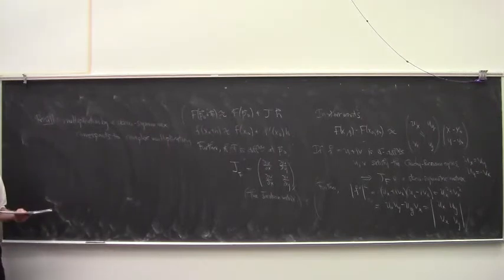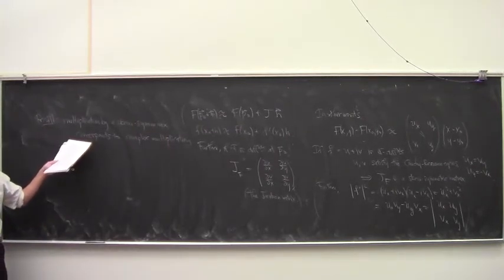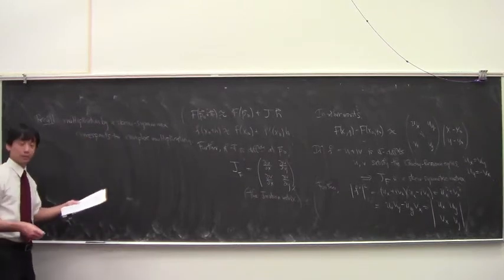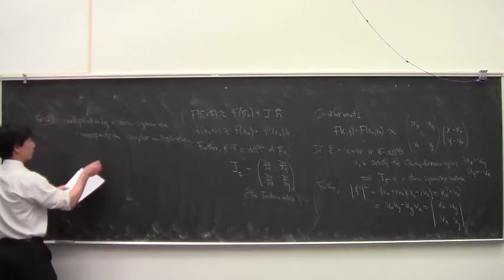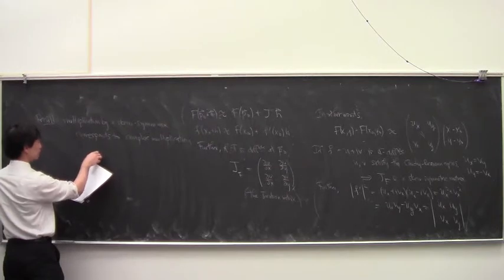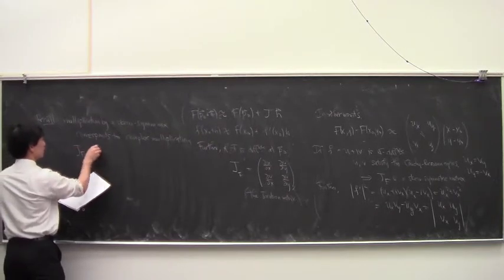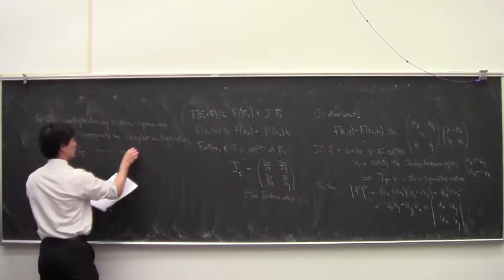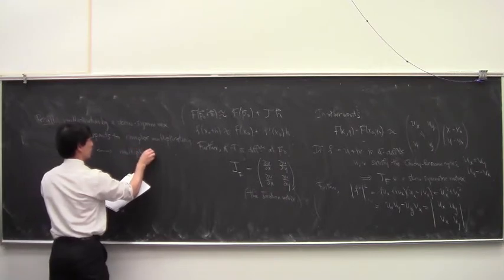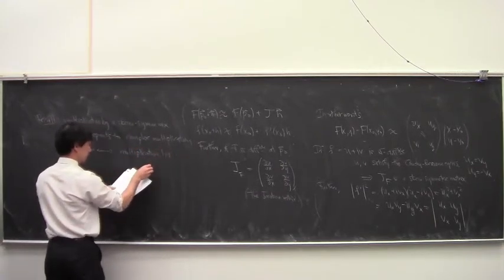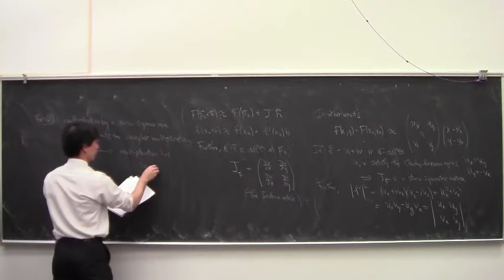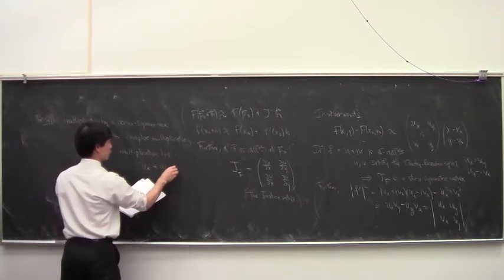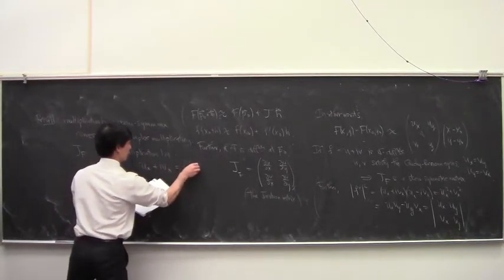This is something we observed early on, that you can embed the complex numbers in the skew-symmetric matrices. In fact, J_f corresponds to multiplication by some complex number, namely u_x plus i v_x, which is f prime of z naught.